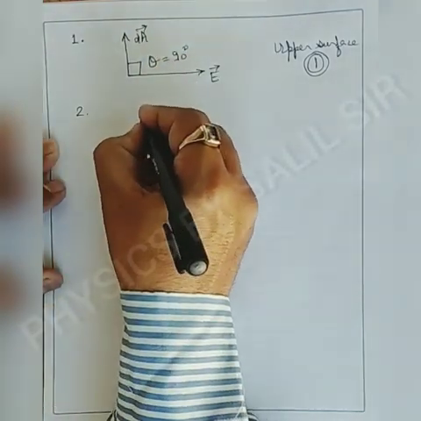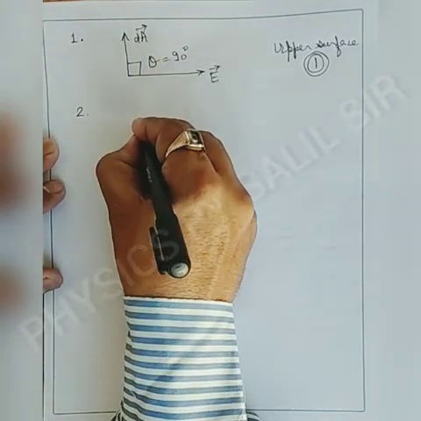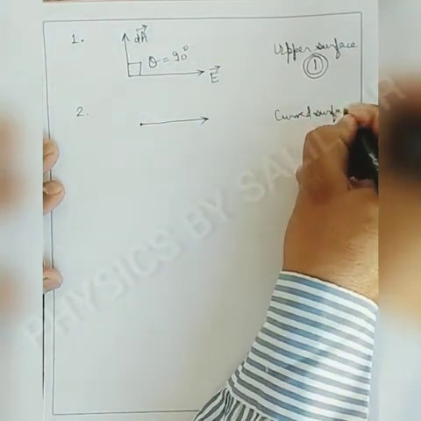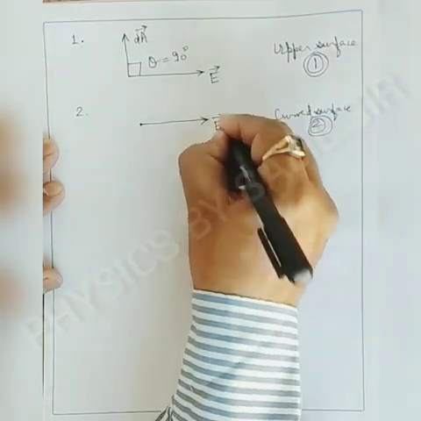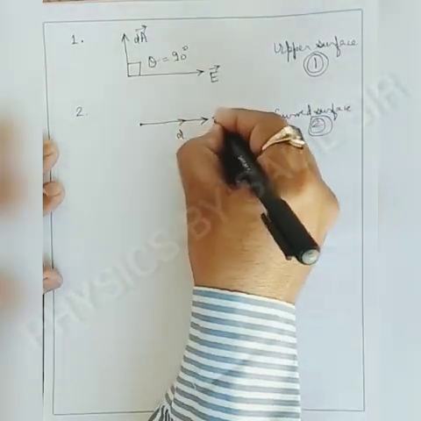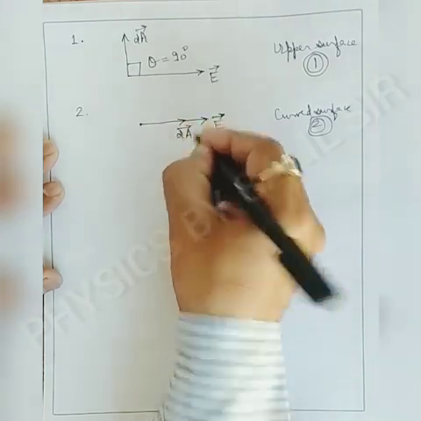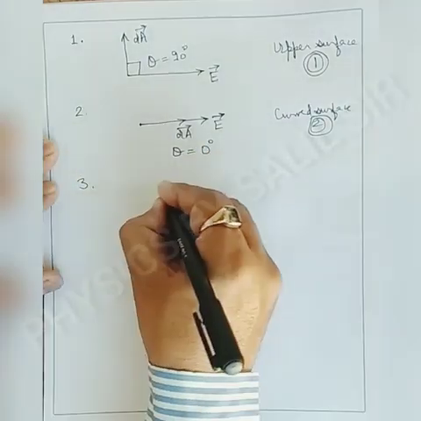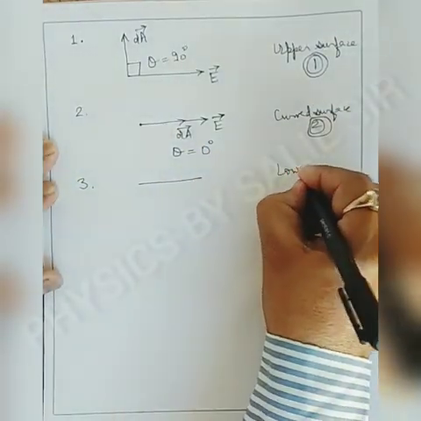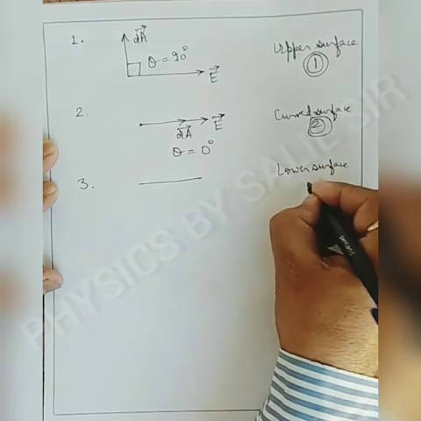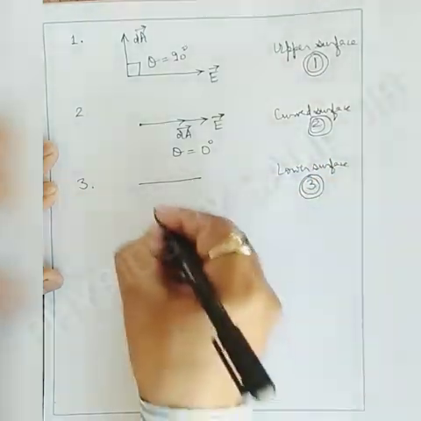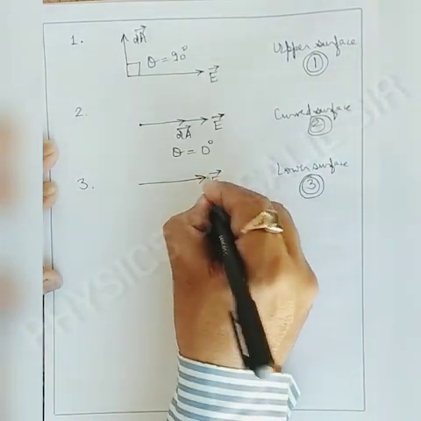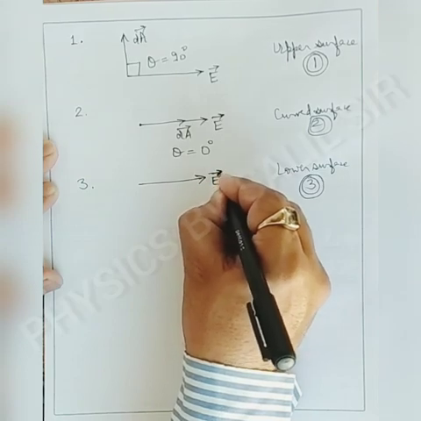For the curved surface, surface number 2, the area vector and electric field intensity are in the same direction, so theta is 0 degrees. Third, if we consider the lower surface, the third surface of the cylindrical Gaussian surface, the electric field intensity will be in this direction, away from the positive charge.